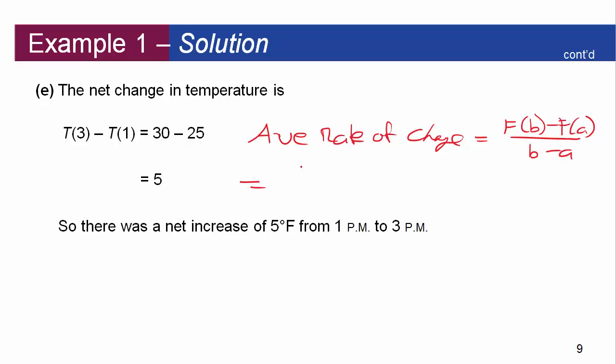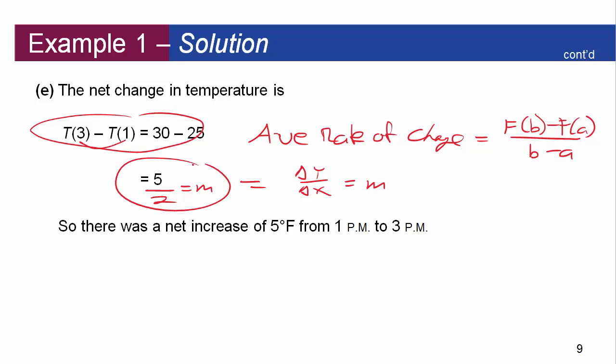It basically is change in y over change in x, which is just slope. We already found change in y, and then change in x, you're going from 1 to 3, right? So if we're doing 30 minus 25, we do 3 minus 1, and we get 5 over 2, and that's going to be our average rate of change.